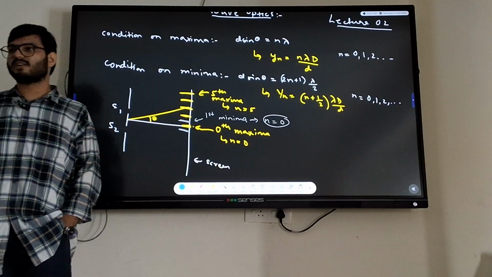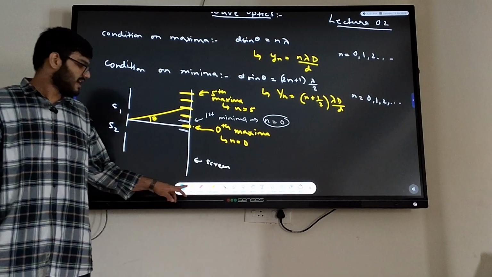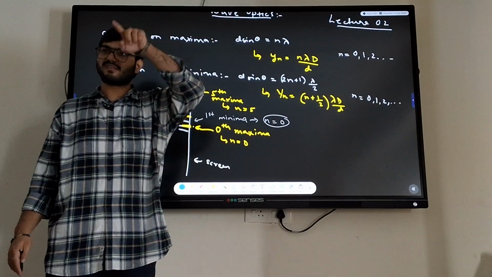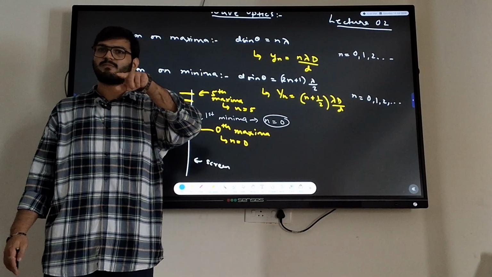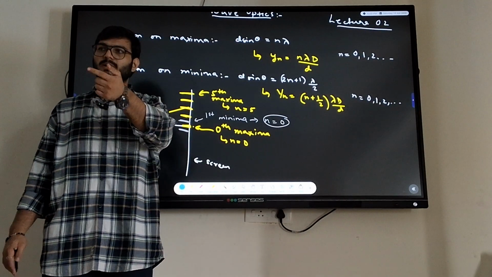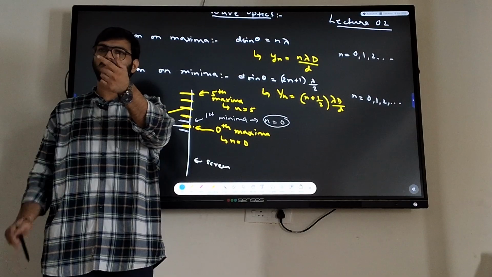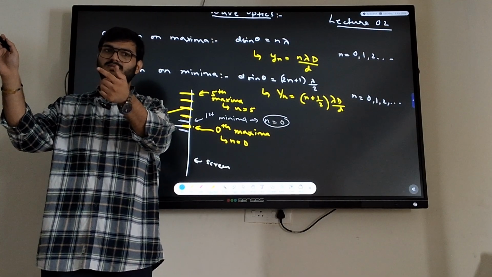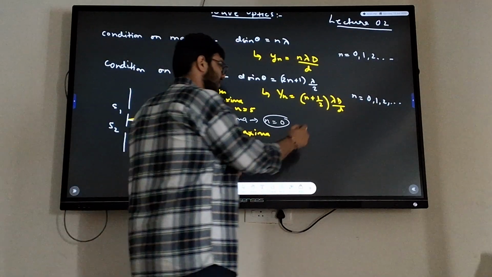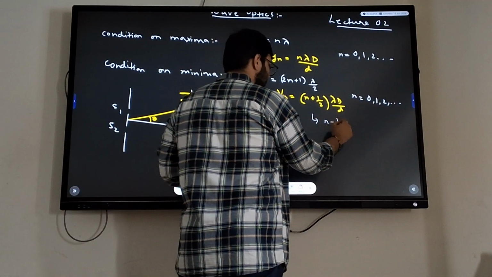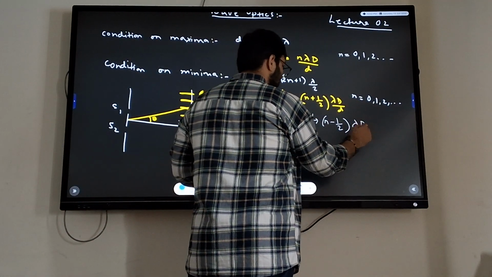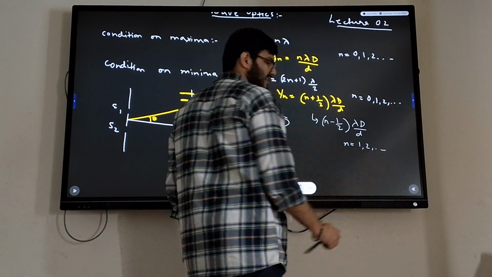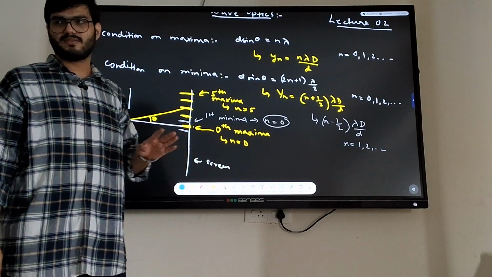These changes are only coming because I have put here 2n plus 1. If you remember, I wrote 2n plus 1 lambda by 2. In some books they use 2n minus 1 lambda by 2. That's also an odd multiple, but n starts from 1 in that. Do you understand what I am trying to say? This could be n minus half as well, lambda D by d, but then the condition will start from 1, and then everything will be normal.